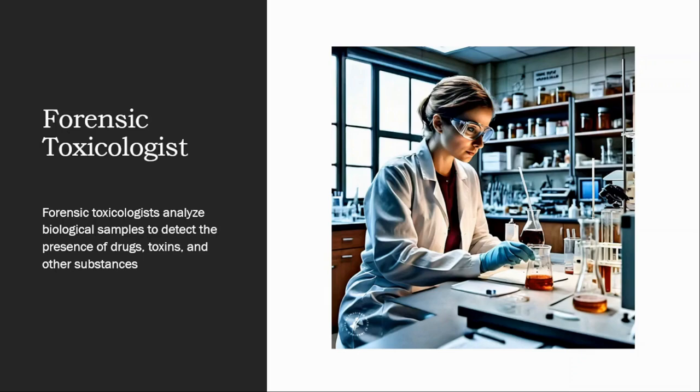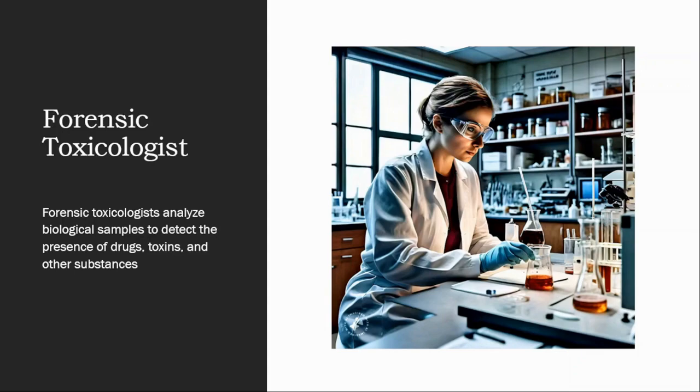Now, what type of equipment is used by forensic toxicologists to analyze the samples? Forensic toxicologists use gas chromatography and mass spectrometry to detect even trace amounts of substances in biological samples. This helps to piece together the puzzle of what happened in criminal cases.